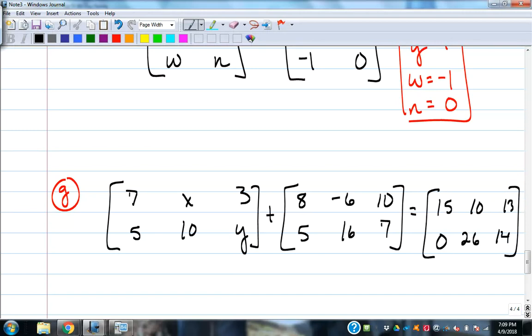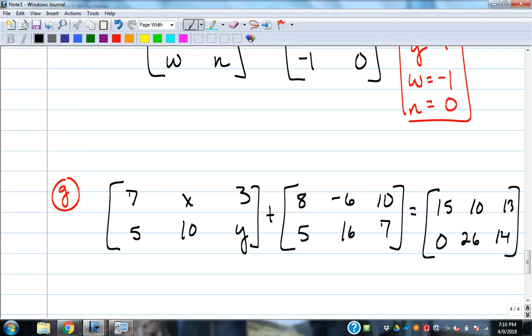Now, corresponding parts go together. If we're going to add these two matrices, 7 plus 8, what's it equal to? 15, right? So that's the right spot. X plus what? -6 is equal to 10.